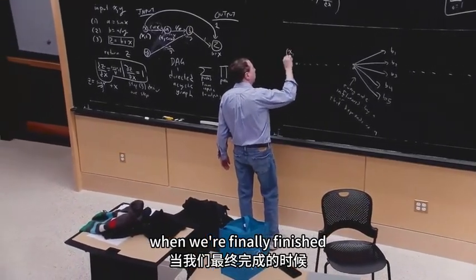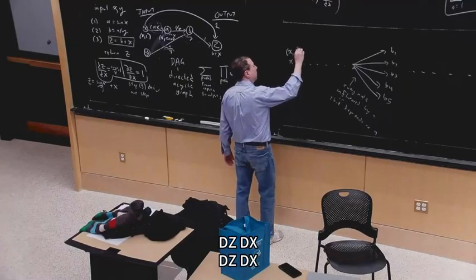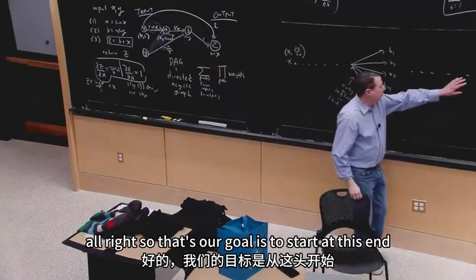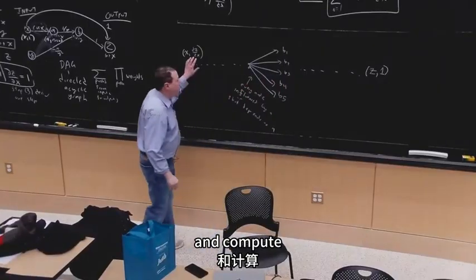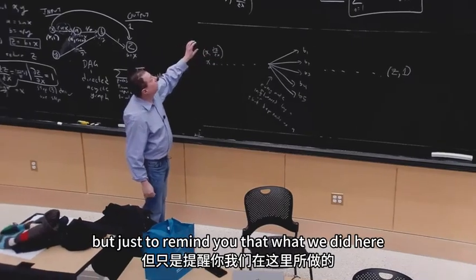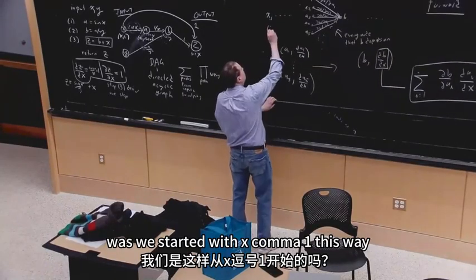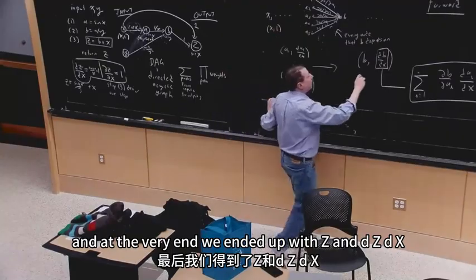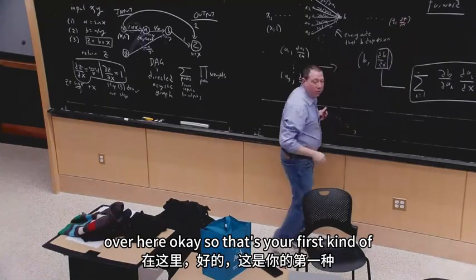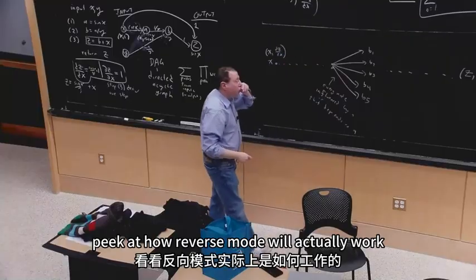When we're finally finished, we're going to compute x and dz dx. That's our goal, to start at this end and compute the derivative dz. In other words, compute the exact same thing, but just to remind you, what we did here was start with x comma 1 this way, and at the very end, we ended up with z and dz dx over here. So that's your first peek at how reverse mode will actually work.